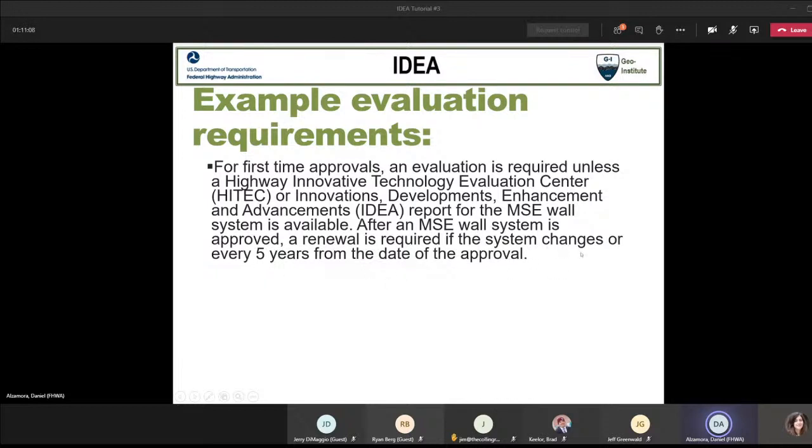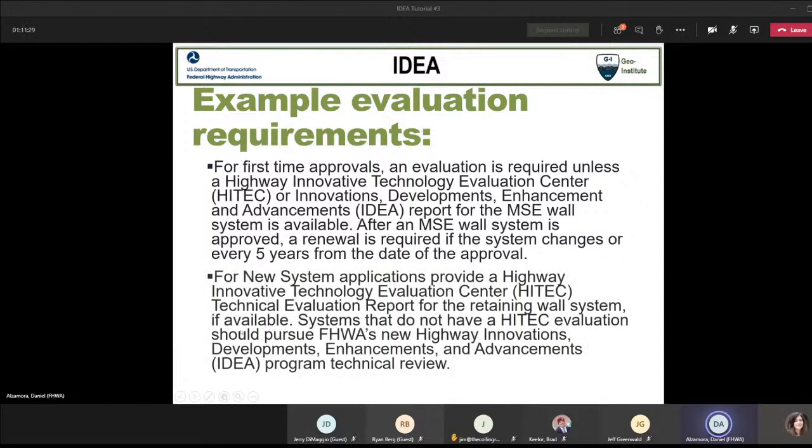So again, they're beginning to incorporate some of the maintenance components of what we've been talking about with IDEA. So obviously a high-tech evaluation might be fairly old, and if they're requiring a 5-year approval, you may need to do an IDEA evaluation in order to maintain that.